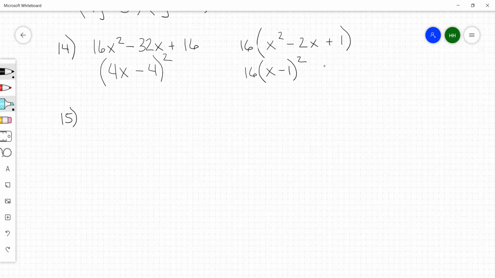Number 15, 12x squared plus 25x plus 12. There's no one number that goes into 12 and 25. So we just got to factor this thing.